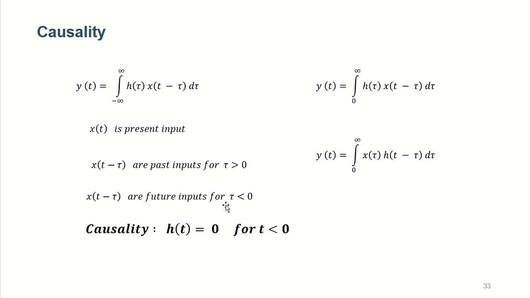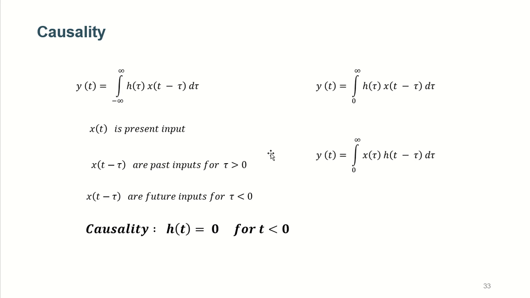But for t less than 0, we are considering tau less than 0, so the negative values will not be considered, because we want our system to be causal, and almost every system is causal in practical situations.